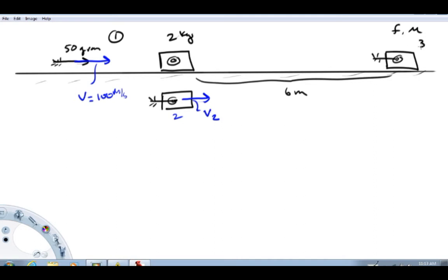In that time frame where the target is picking up speed and the arrow is losing speed, the force exerted on the target is to the right, and the force exerted on the arrow is to the left. That force is the interaction between the arrow and the target. The important thing is that the net force on the system is 0 as long as we consider both at the same time. That's what allows us to write a momentum conservation for this problem.